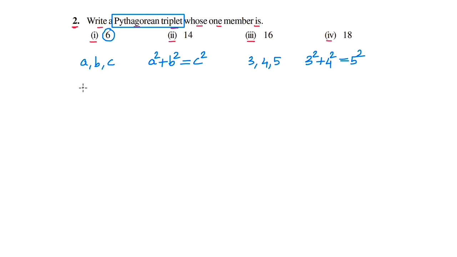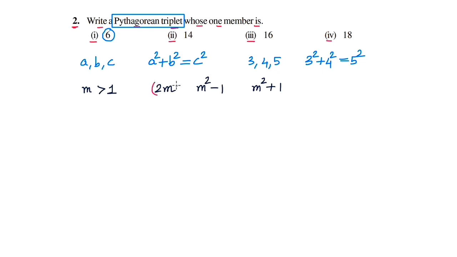For any integer m greater than or equal to 1, if you take the triplet of numbers 2m, m square minus 1 and m square plus 1, they will surely form a Pythagorean triplet.